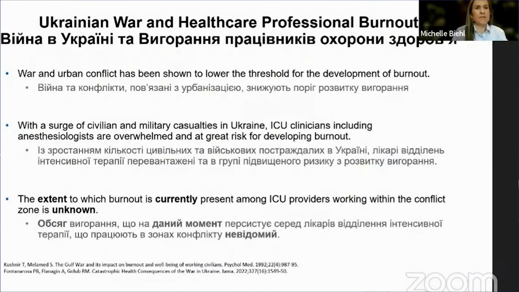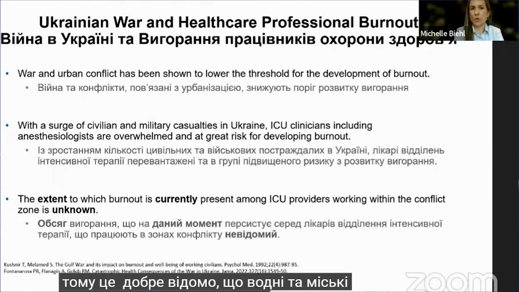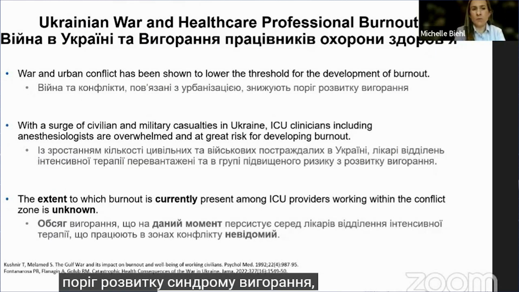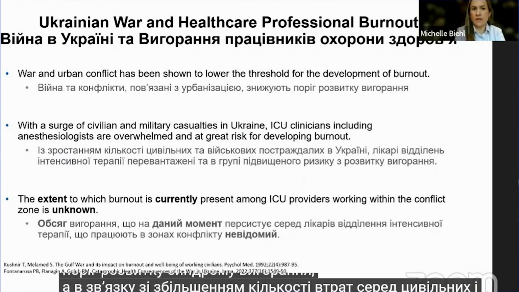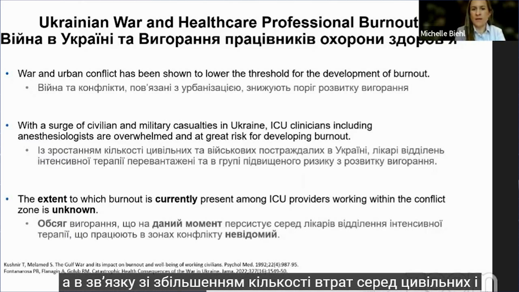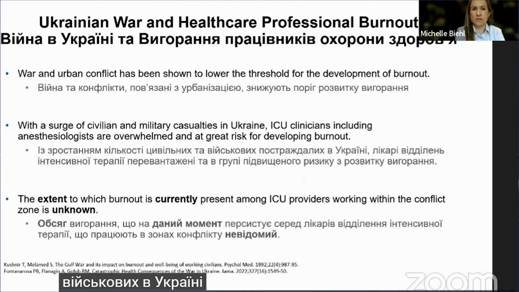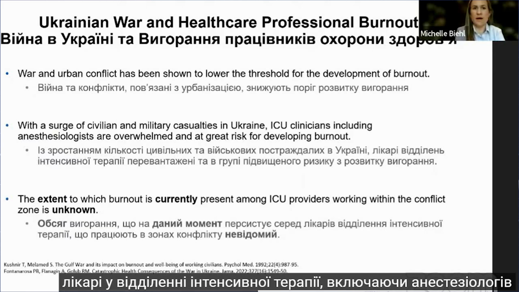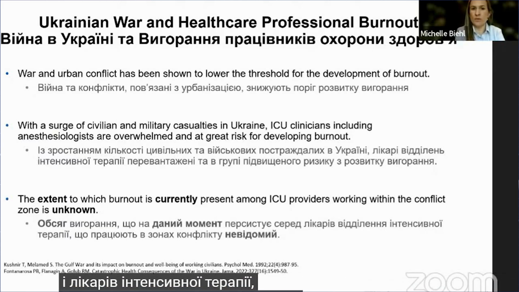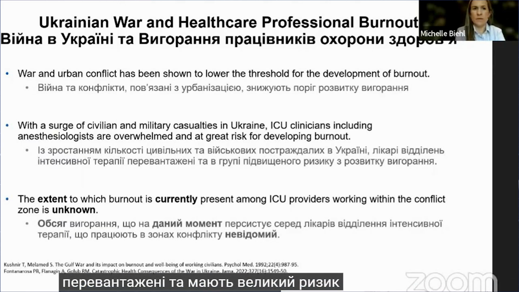Next. So it's well known that war and urban conflict have been shown to lower the threshold for the development of burnout. And with the surge of civilian and military casualties in Ukraine, ICU clinicians, including anesthesiologists and critical care providers, are overwhelmed and at great risk for developing burnout.